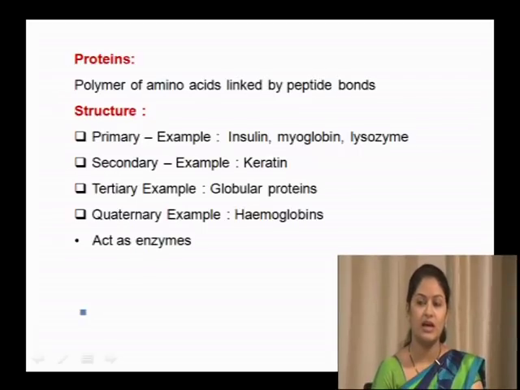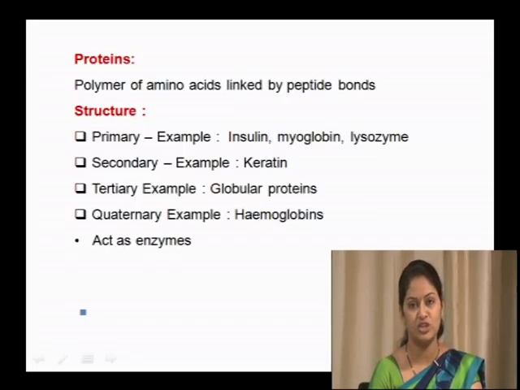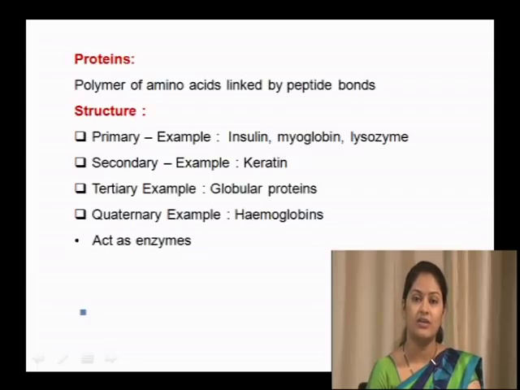Secondary proteins are the ones where the polypeptide chain is coiled, or shows a helical structure. You can include the protein keratin here, and keratin is the very basic protein which we have in our hair and nails, or animals have it in their hooves.